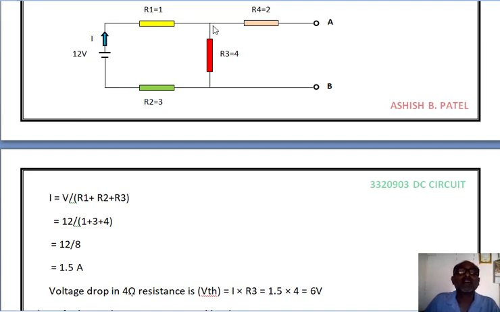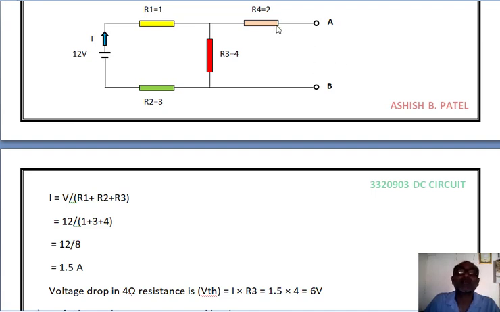Now this current is available here, and it could be divided into two parts, as we saw in the previous stage. But here, whatever current is provided by this battery passes only through R3, because this terminal is open, and as I already told you, for current to flow the circuit must be closed.